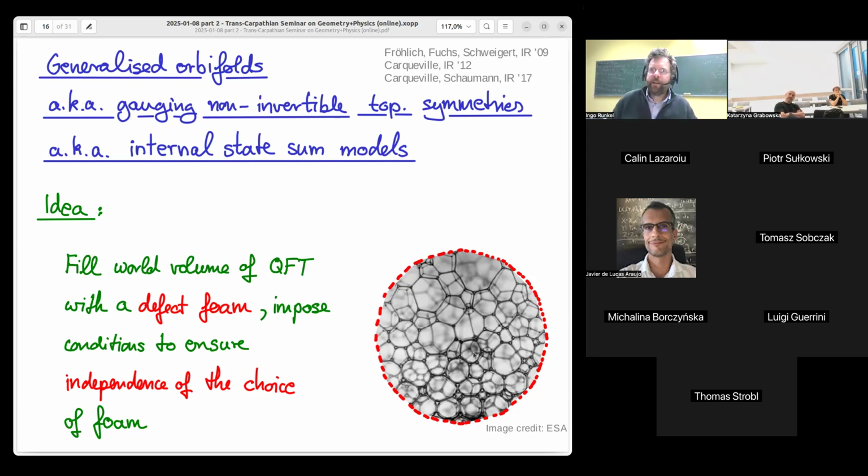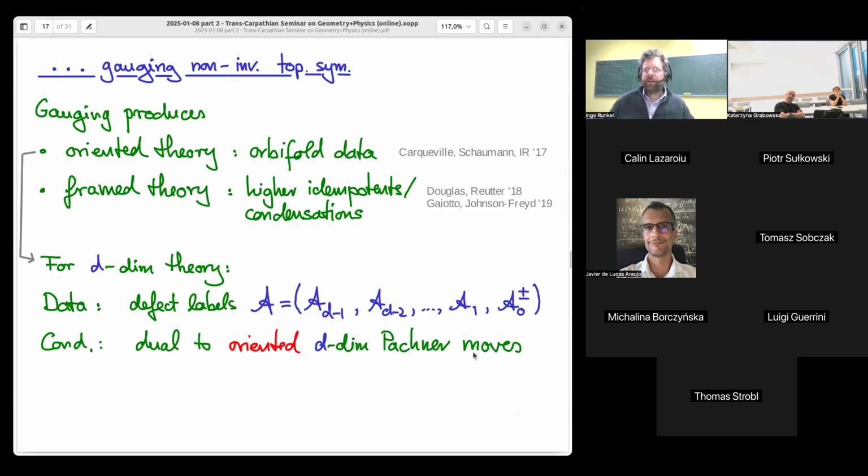Okay. I'll go through this dimension by dimension in some examples. But let me first again collect the data I need in general. So it comes in different flavors. But if I want to do this procedure of gauging a topological symmetry for a d-dimensional quantum field theory, then the data I have to collect is 1 defect of dimension d-1, 1 defect of dimension d-2, and it turns out 2 of dimension 0, but again, that's a technical detail.